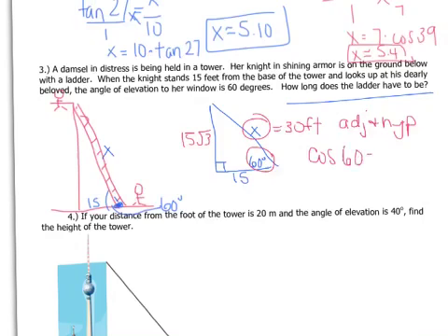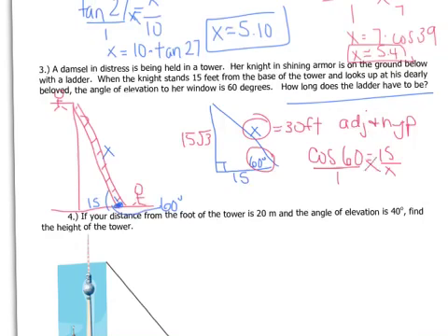Cosine of 60 degrees equals 15 over x, using adjacent over hypotenuse. Adjacent is 15, the hypotenuse is x. I would make that cosine of 60 degrees over 1 and cross multiply.